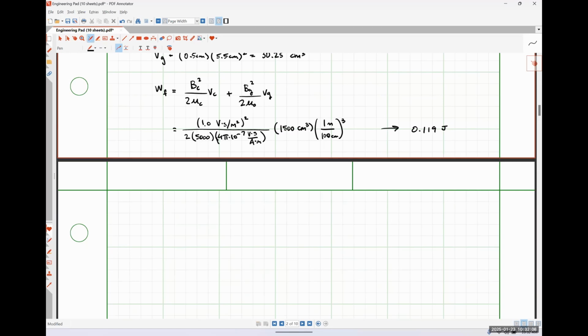Just for the sake of argument, I want to explain how and why this comes out to be joules really quickly. So I've got a volt second here in the numerator that is going to cancel this volt second here in the denominator. Actually, that's not entirely true because I'm squaring that. I'm going to be left with a volt second in the numerator.